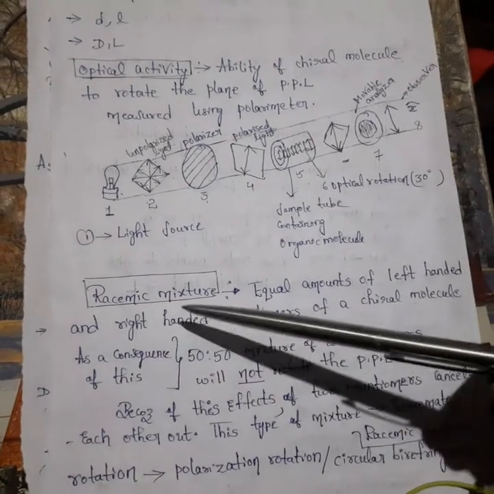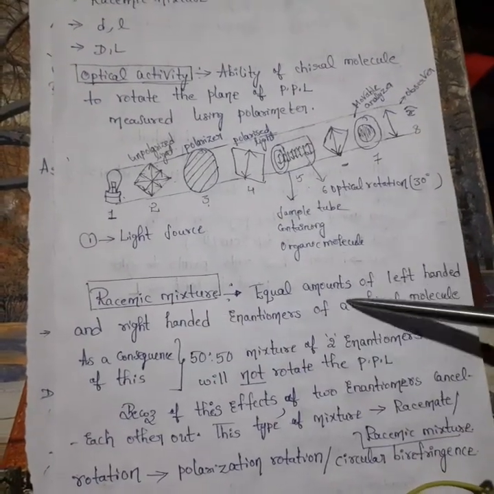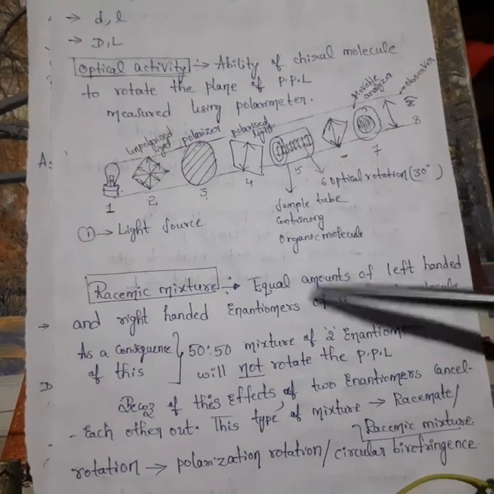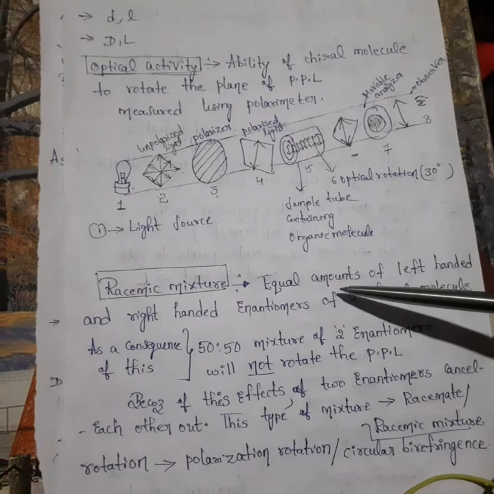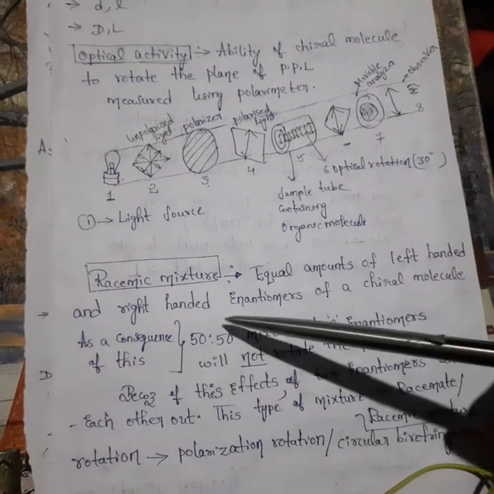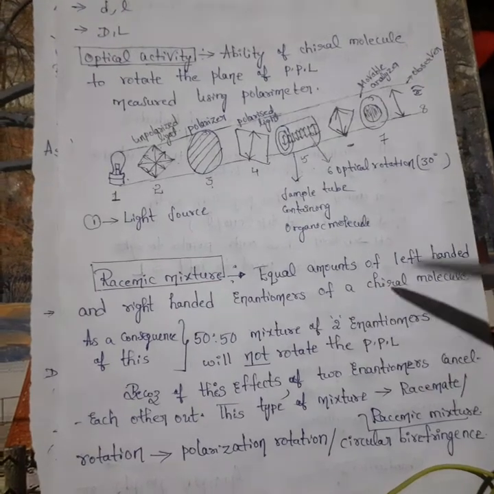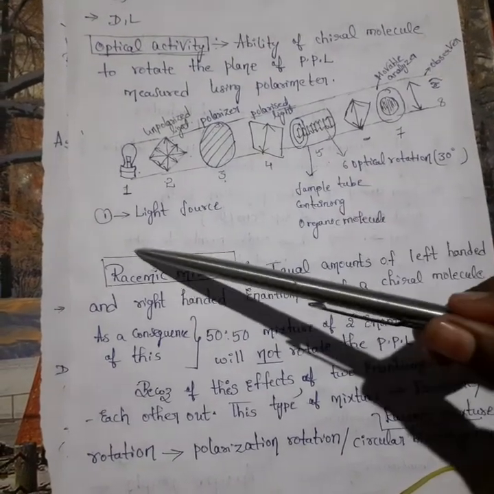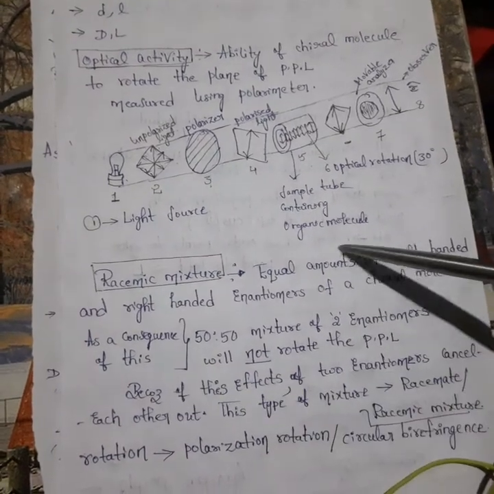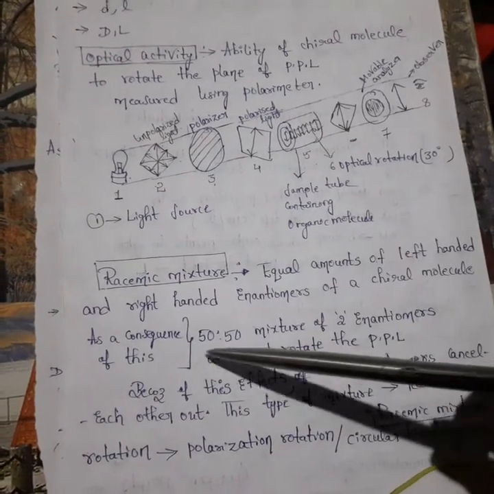In a racemic mixture, rotation is also present, but it involves equal amounts of left-handed and right-handed enantiomers of a chiral molecule. Here they are in equal amounts, meaning 50 to 50.